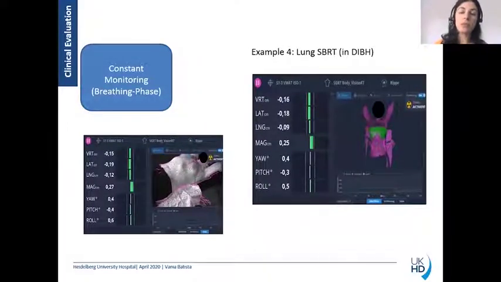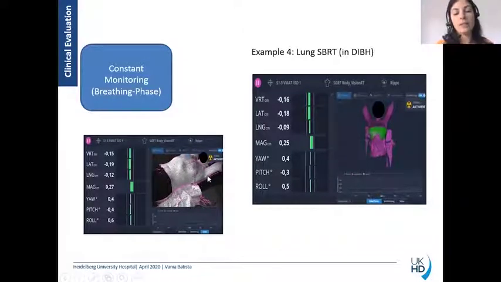As I said, we also use Line RT to treat lung patients in deep inspiration breath hold. Here again, you can use the video function to control the entire treatment, and the video function is even better than the normal video surveillance system.